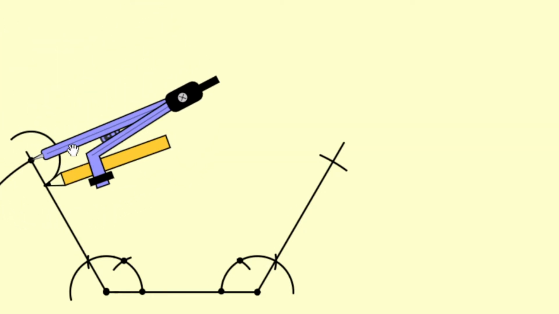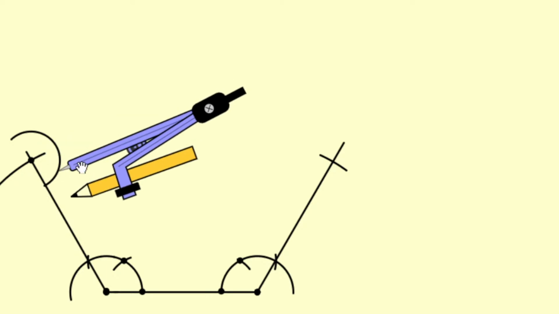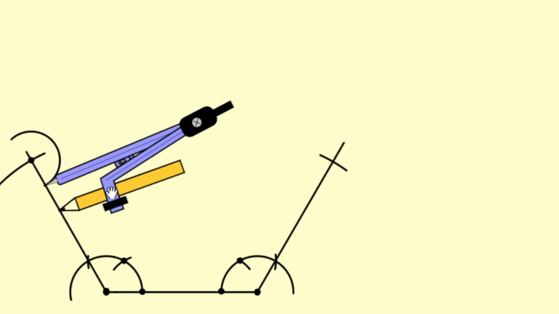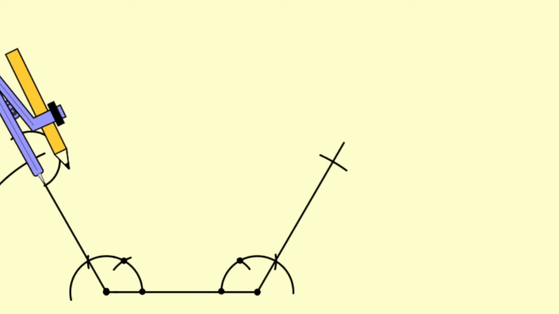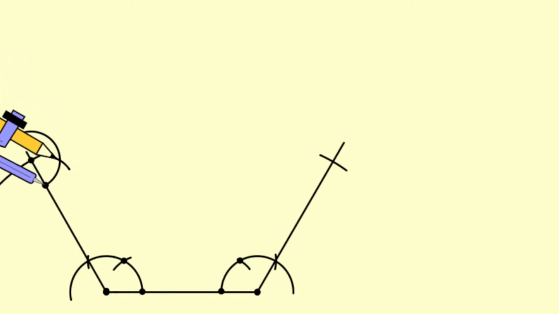So like this. Now the first arc is going to give us an angle of 60 degree. The second arc is going to give us an angle of 120 degree. So carefully you have to draw.